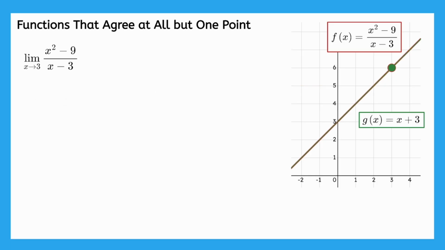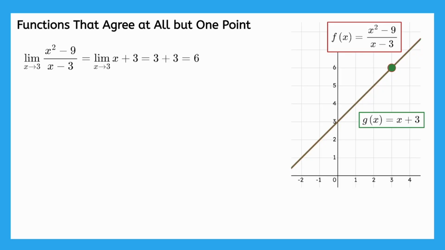Therefore, the limit of f of x we've been wanting to evaluate analytically equals the limit of the simpler g of x, which is a limit we can evaluate with direct substitution. We replace x with 3 and get that the limit is 6, which confirms our earlier result.